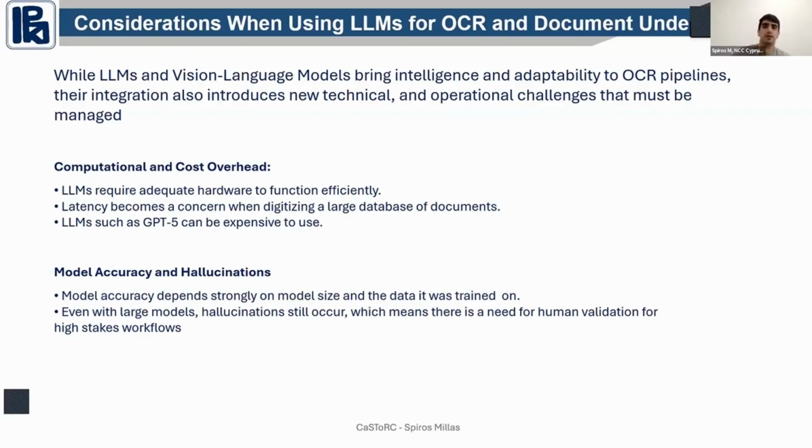And sometimes the model can produce text that looks right to you, but it's actually wrong. So for, let's say, some high stakes document processing like legal documents, maybe financial documents, or something like IDs, you still need some human validation step or some other automated verification mechanism in place so that these systems are kept in check.